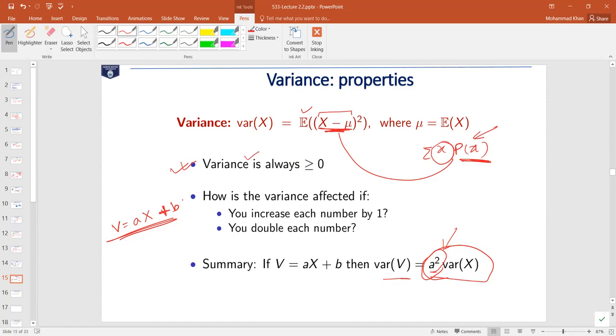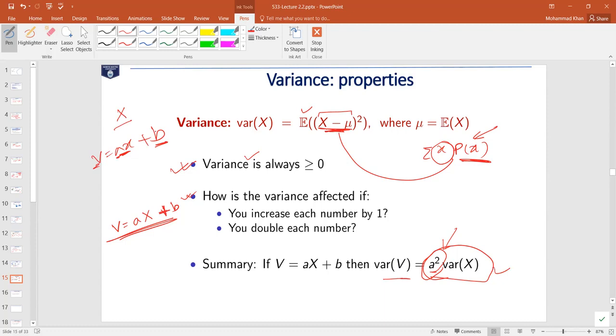And then we're saying that if we know the variance of random variable X, and we define another random variable with respect to X, that is B equals X plus B, so we are changing the scale and position, then we can calculate the variance of the new variable using this formula.